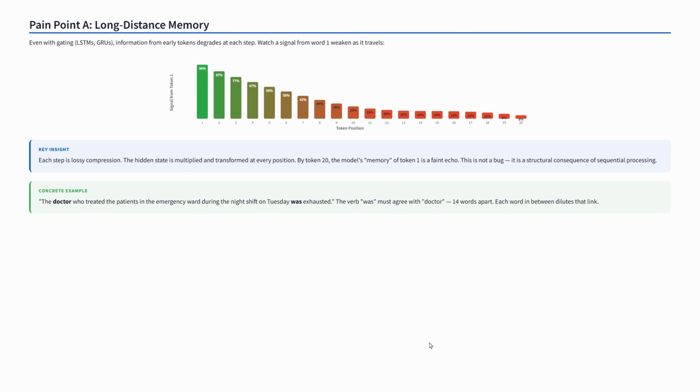But there are 14 words between them. Every one of those words dilutes the connection between the subject and its verb. And remember, real world text isn't just 20 tokens long. Documents and conversations can run into thousands of tokens, and the degradation just keeps compounding.